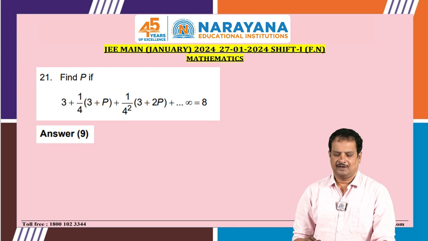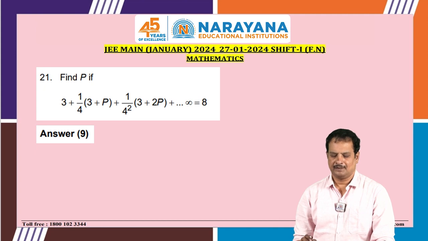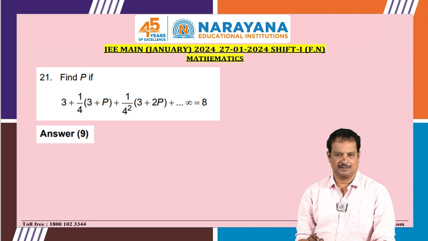That is, find P if 3 plus 1 by 4 into 3 plus P plus 1 by 4 square into 3 plus 2P and so on up to infinity equal to 8. What is the P value? That is the question. So in this case, you can take the first term in every bracket. For example, 3. Next one, 3 by 4 square.